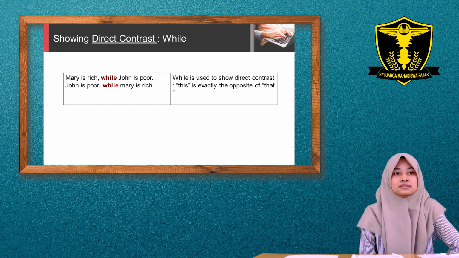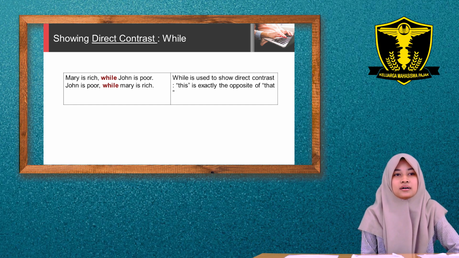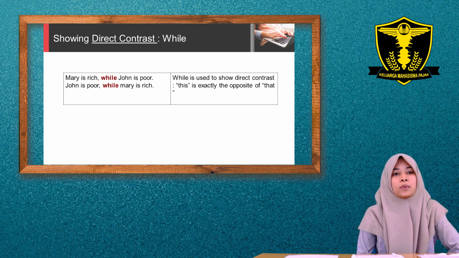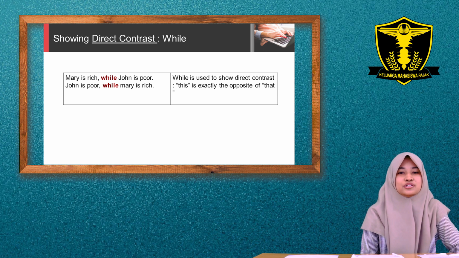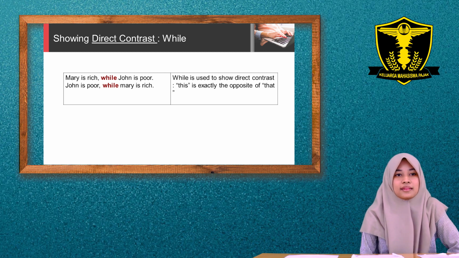And the next shows direct contrast with while. First, Mary is rich while John is poor. And John is poor while Mary is rich. While in this sentence is used to show direct contrast. This is exactly the opposite of that.